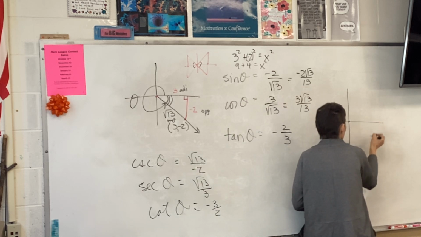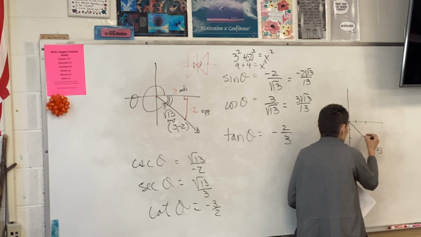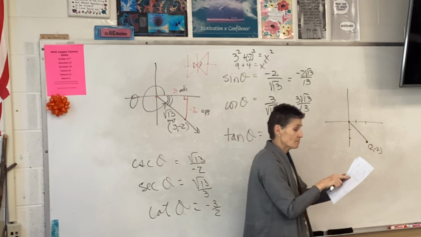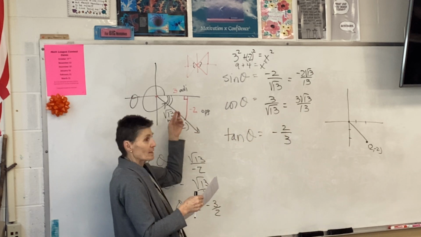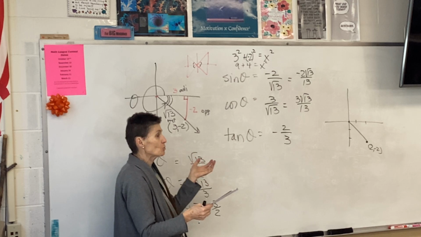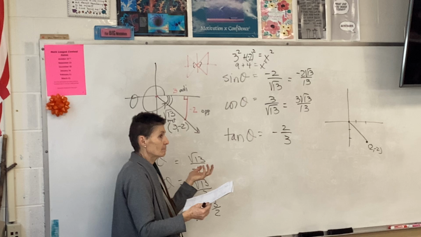Now, 2, negative 2 is down here, right? Here's 2, negative 2. So there's your angle. That's all. It just gives you the point. Here, I gave you the point, but I drew it for you. Part B is exactly the same situation, except you have to draw your own picture.